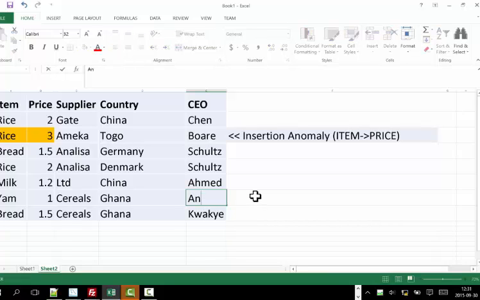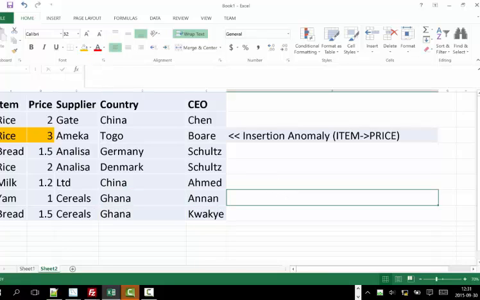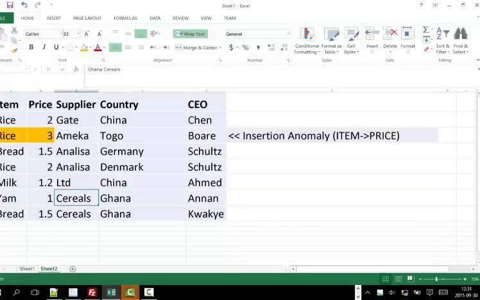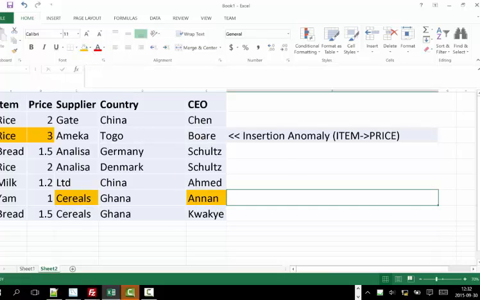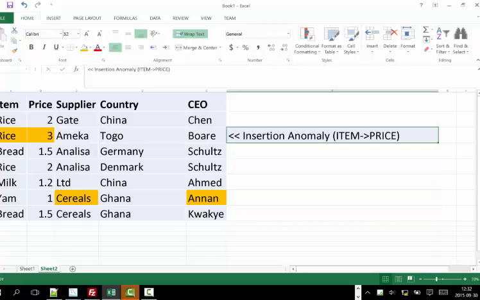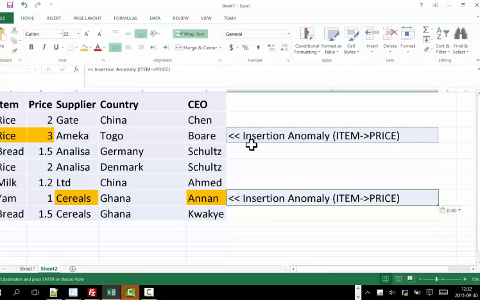Okay. So this is a violation because what? Earlier we were assuming that anytime we have a supplier, it determines the CEO. And now there's a new row in there where the supplier, so this is the second one. Right.